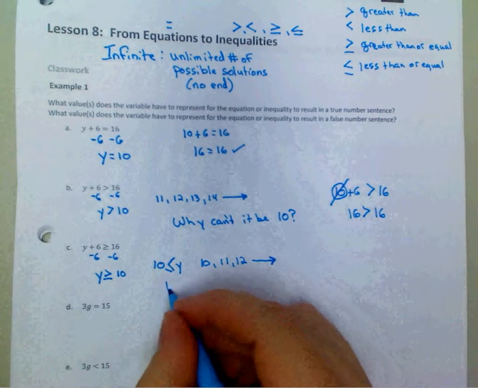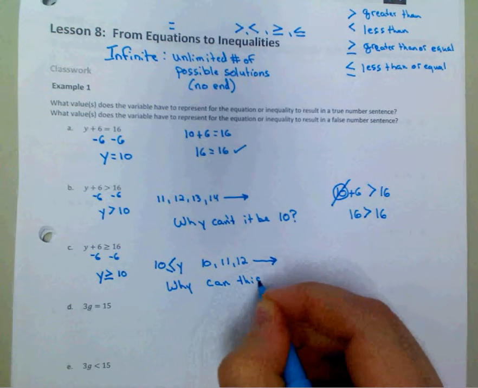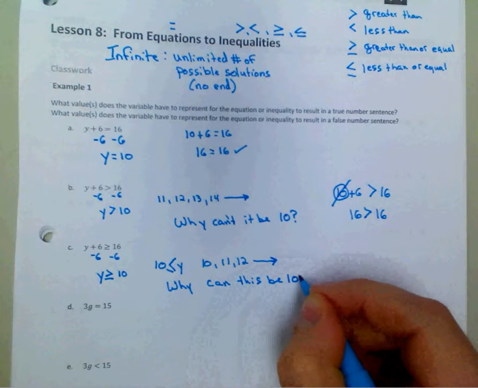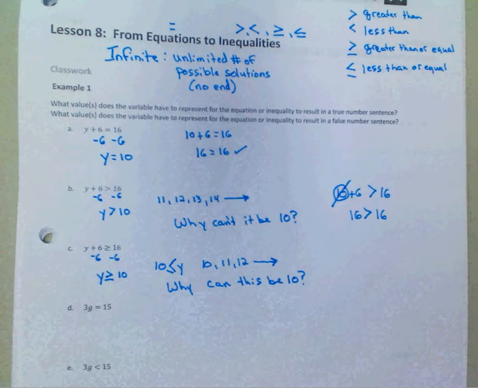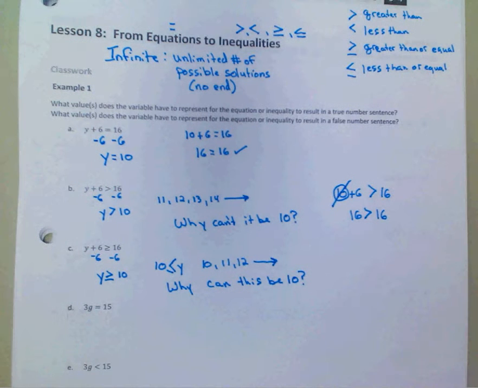Why can this be 10? What's the difference between this question, C, and the question that we had before, B? Pause, think about it, and come back.